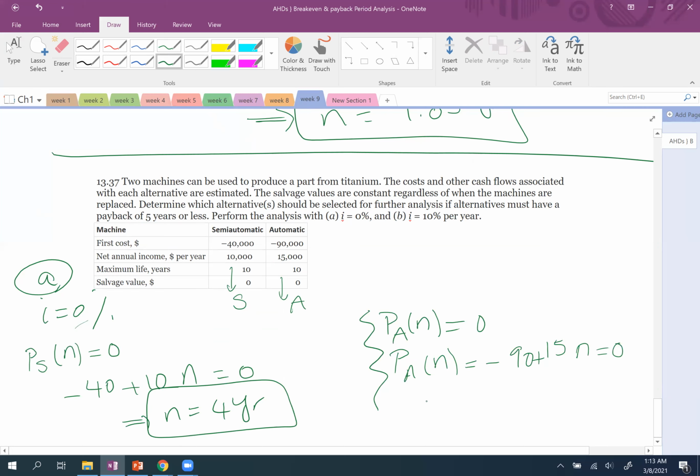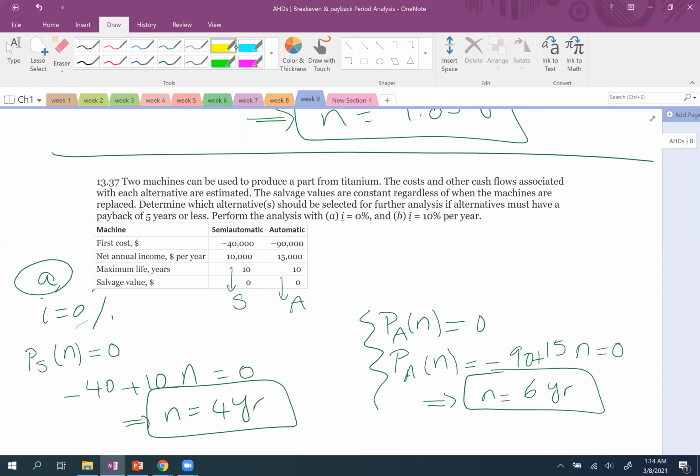I set it equal to 0. Therefore, n is equal to 6 years. So A has a payback period that is greater than 5 years.